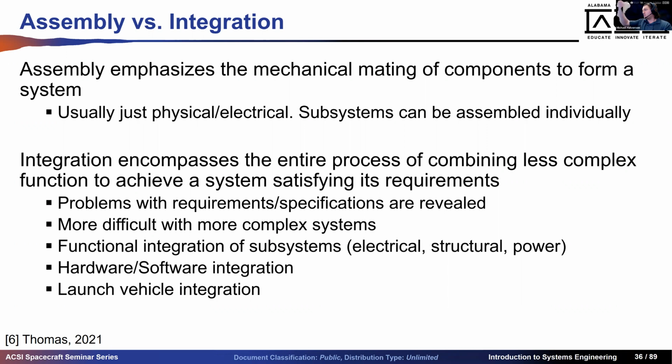So subsystems can be assembled individually. You can integrate subsystems, but they are generally more complicated subsystems. Integration is when you have components with lesser complexity being combined to form systems of greater complexity. And there's a question of, well, how do you measure complexity? That's not an easy thing to answer in the amount of time that we have today. But a way that I want you to think about it is in terms of emergent behavior.